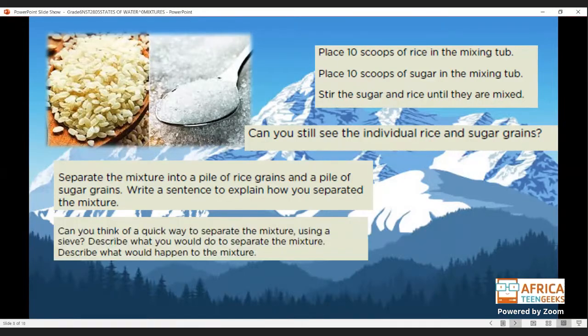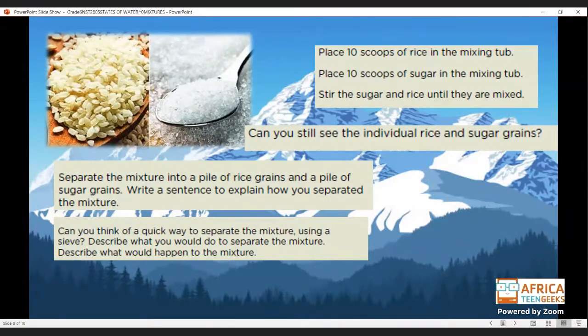Is there a quick way using the sieve? How would you use the sieve when you're trying to separate them? With science, you've got to be able to explain, even if you know how to do it, even if it's easy, how you do something. So yes, you told me you can separate the two. You also told me correctly that you can use a sieve.